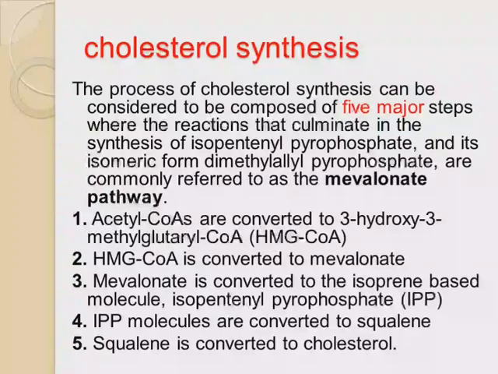Fourth, isopentenyl pyrophosphate molecules are converted to squalene, and fifth, squalene is converted to cholesterol. And so these are the 5 steps of cholesterol synthesis. قلنا الخطوة اللي ينتج عنها تكوين الميفالونات نسميها الميفالونات pathway.